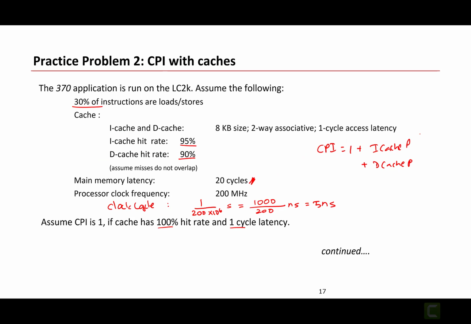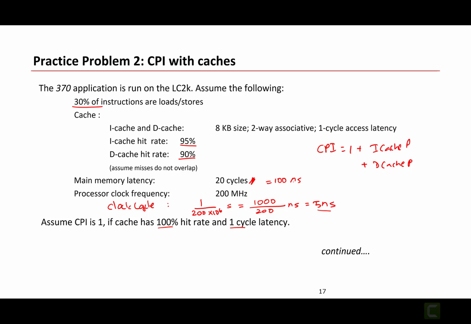So what changed is the time of the clock period. So when I say that the main memory latency is 20 cycles and the processor clock frequency is 200 megahertz, then the main memory latency is really 100 nanoseconds, right?